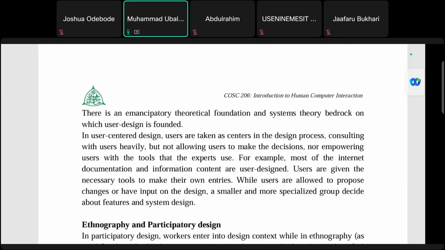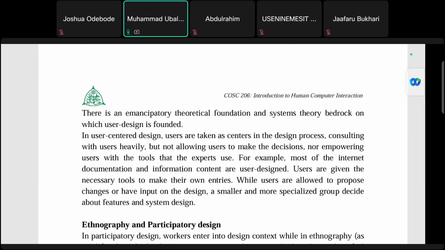Now, somebody may be asked, what do you think about Facebook as a system? What do you think about the messenger of Facebook? Somebody may say, I totally do not like messenger, so remove it. But does that mean we should remove it? No. That simply means that we are asking for opinions that matter, not opinions that defy our objectives.